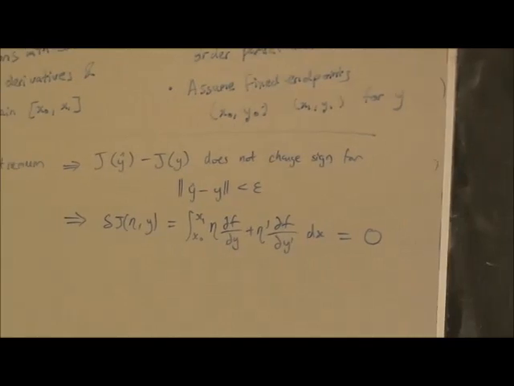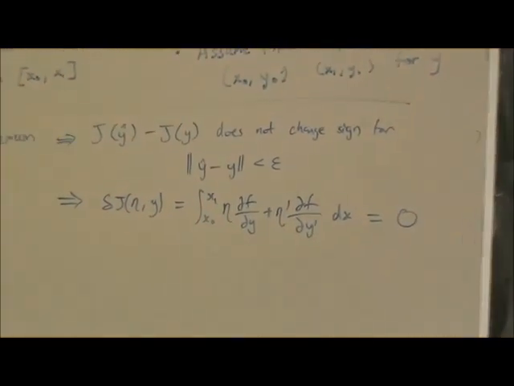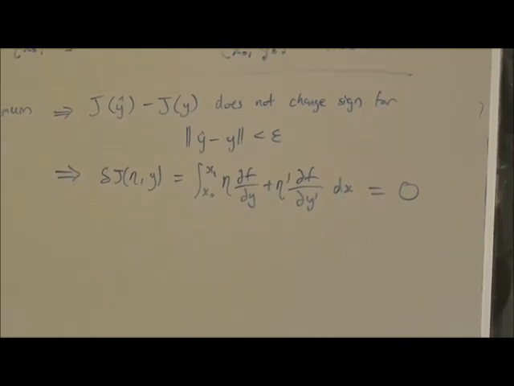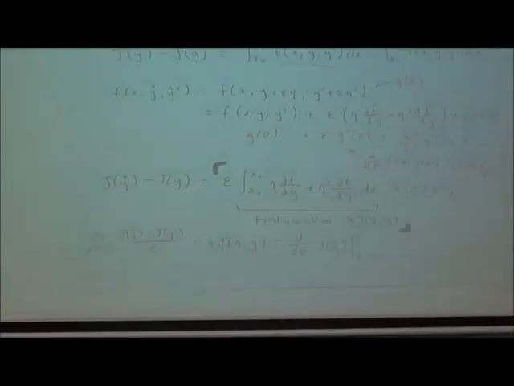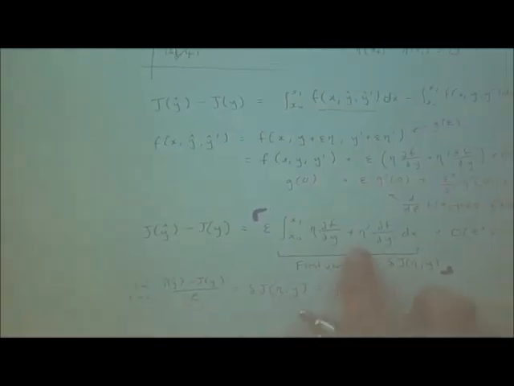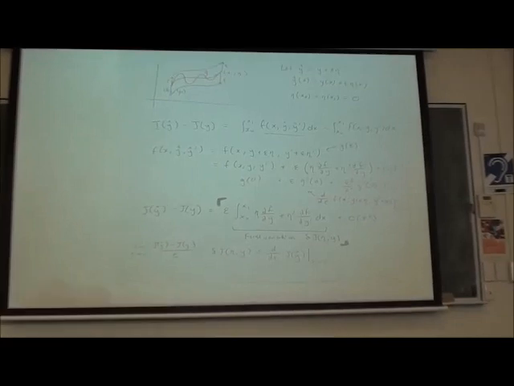But unfortunately, as much as this is a first derivative of sorts, it's not very good at actually finding extrema for us because we have an eta term in here, and we can't do anything with that since eta is variable. So what we can do, however, is eliminate this eta prime term here using integration by parts.